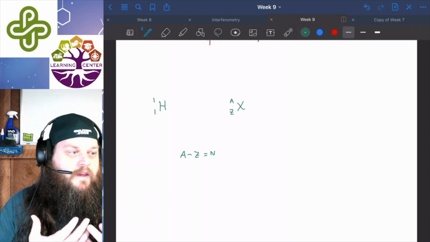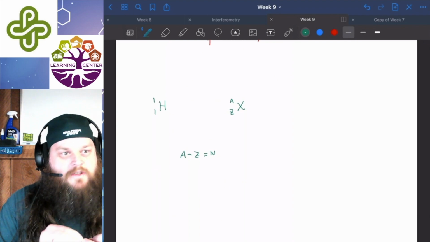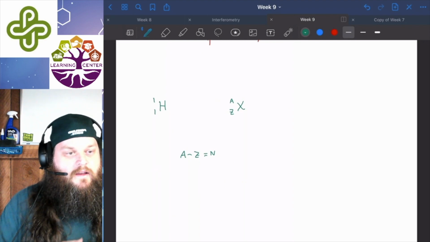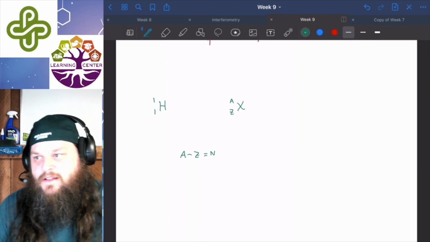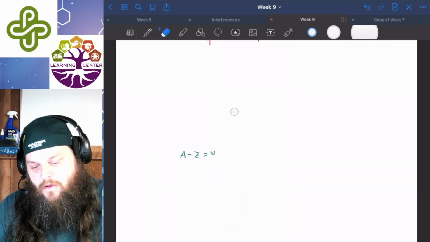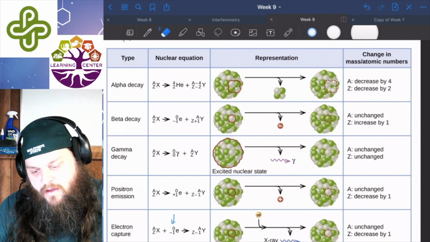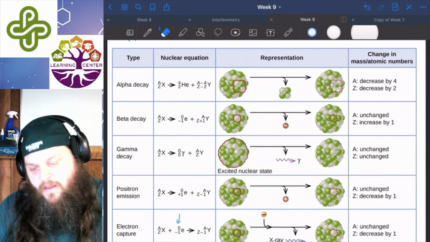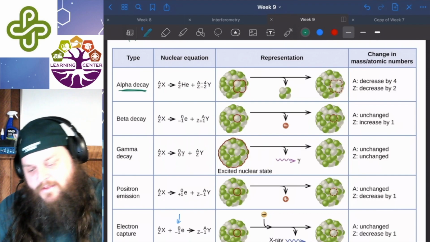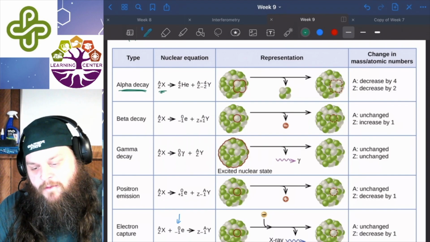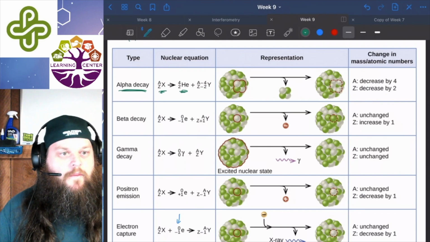And the neutrons can change in an atom a lot, where if a proton changes, it actually changes to a different element on the periodic table. So these elements can decay and change and release different forms of radiation. So I'm going to go through some of the different forms here. We have the alpha decay. Alpha decay is when you have this atom and it releases a helium atom, helium-4. We call that an alpha particle.